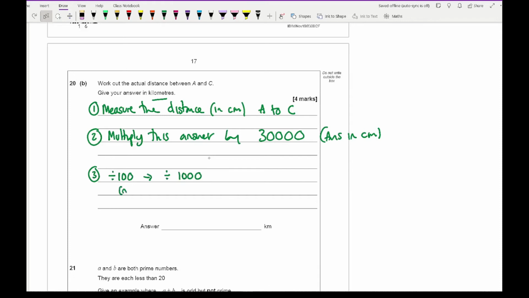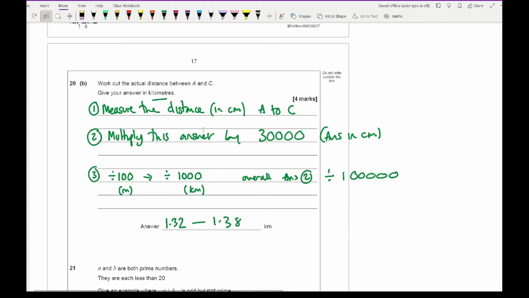So this converts it into meters, this then converts it into kilometers. So overall, you can take the answer in step 2 and divide that by 1 with 5 zeros. So you're going to divide that by 100,000, and the answer you should get is any answer between 1.32 to 1.38 would be fine in your final answer.